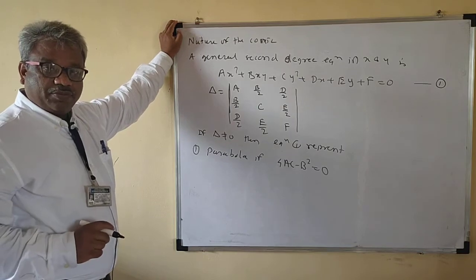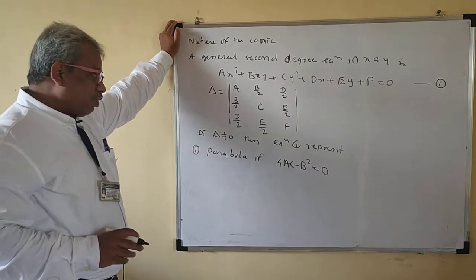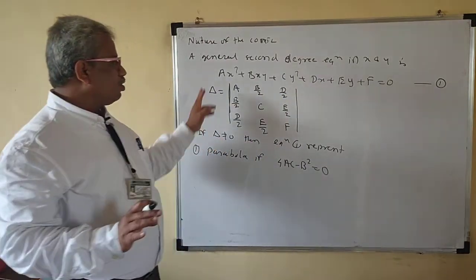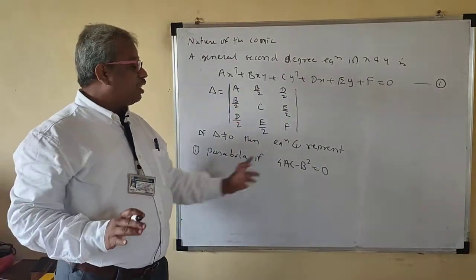If 4ac minus b square is equal to 0. So if you have to identify the locus, then just compare the coefficients of this, find the values of a, b, c, d and remember this.